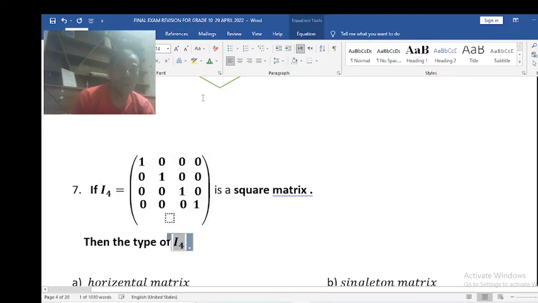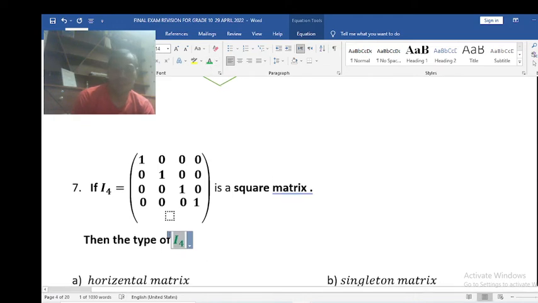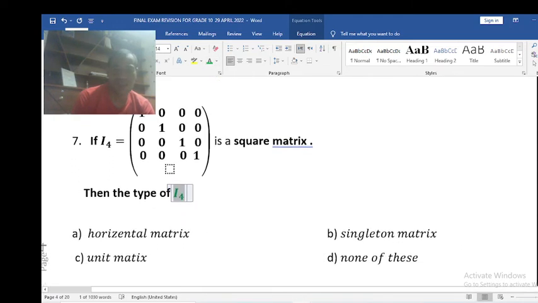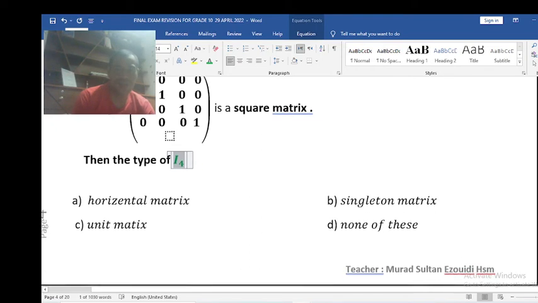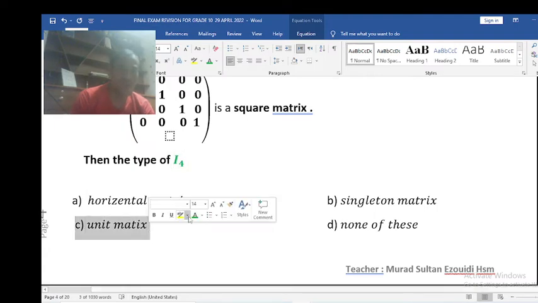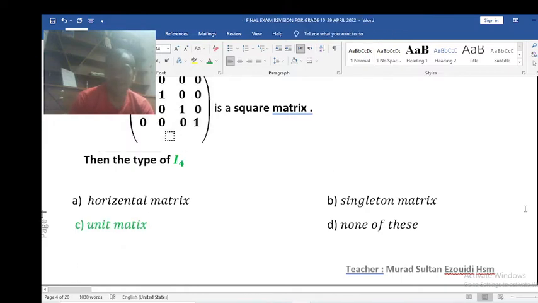Is it a horizontal matrix, or a singleton matrix, or a unit matrix? So it's clear that it's a unit matrix simply because the values lying on the diagonal are equal to 1 and all the other entries are equal to 0. Okay, the next.